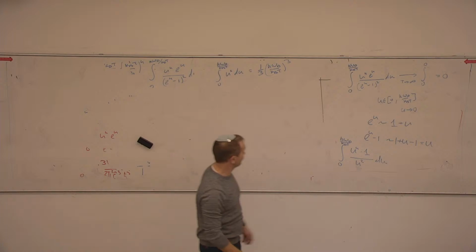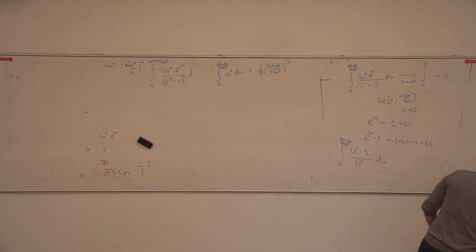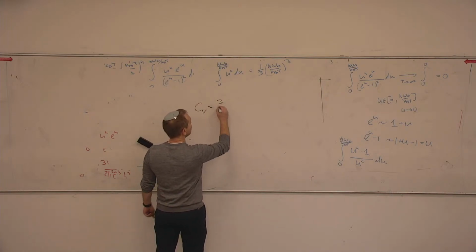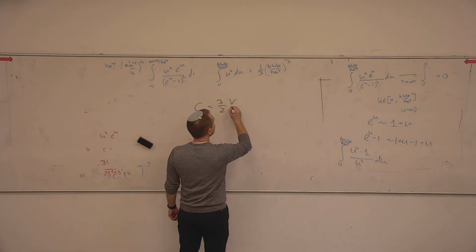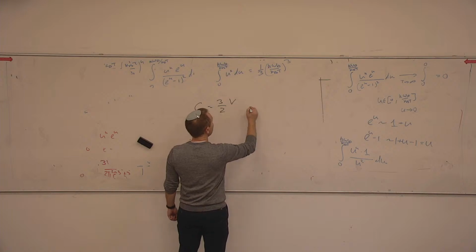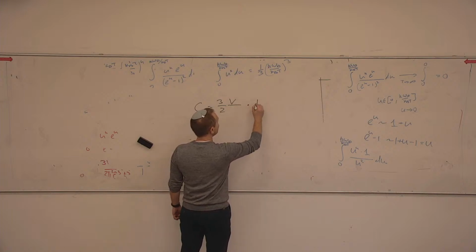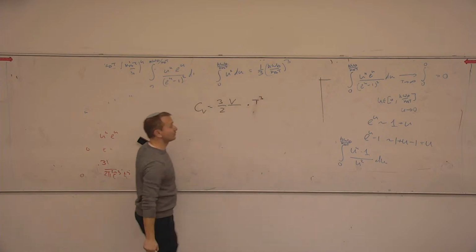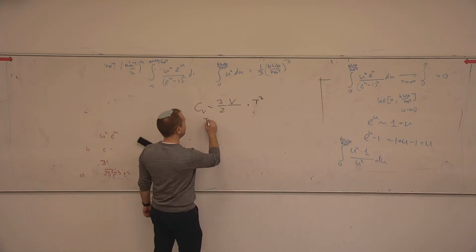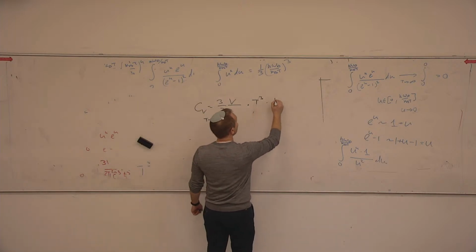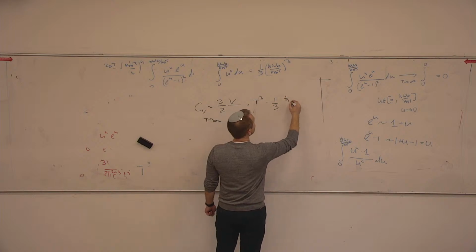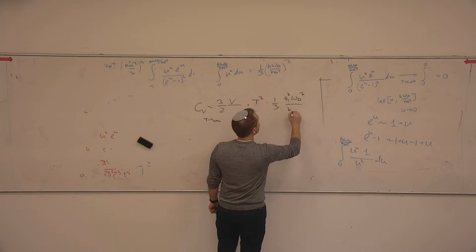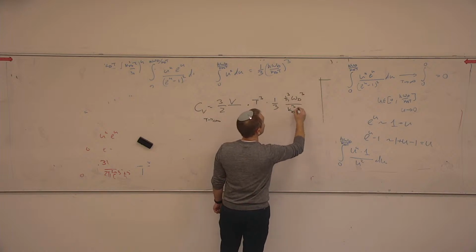Okay. So C_V was 3/2 V, whatever we had over here, multiplied by 1 over T, I'm sorry, T to the third power, multiplied, so T goes to infinity, multiplied by 1/3 h bar omega d, h bar to the third, omega d to the third, k Boltzmann to the third, T to the third.